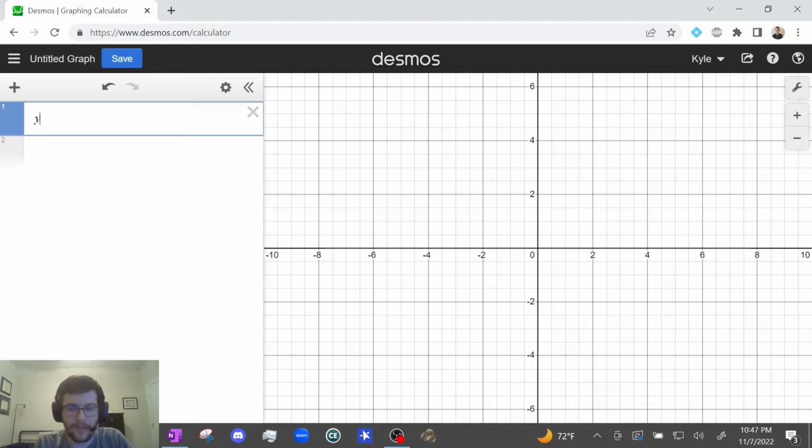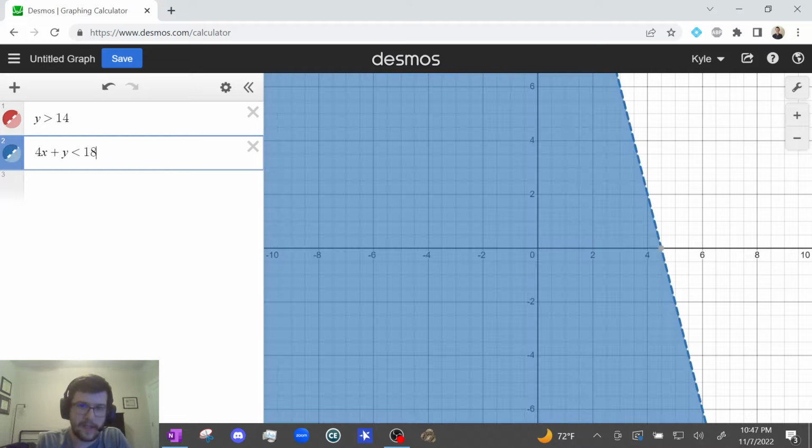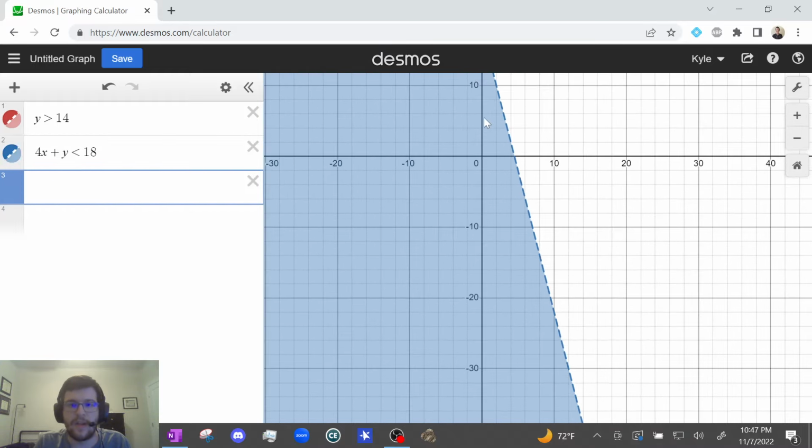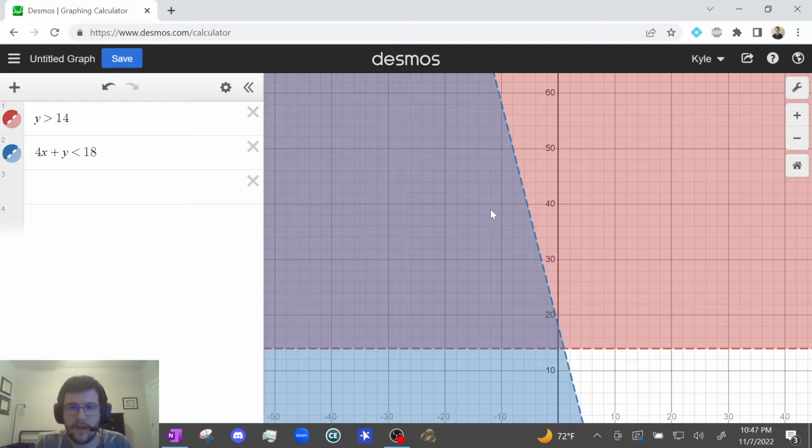So let's do y is greater than 14, and then 4x plus y is less than 18. And so you see how the solution to the system is this kind of top left pizza slice where they're both shaded, where it's like simultaneously red and blue, right?